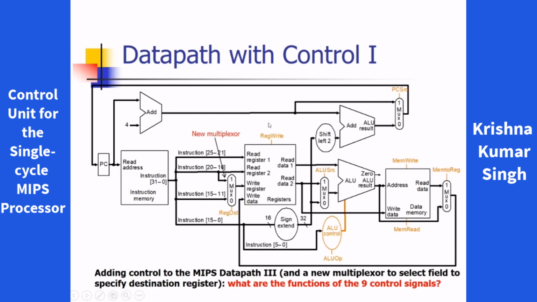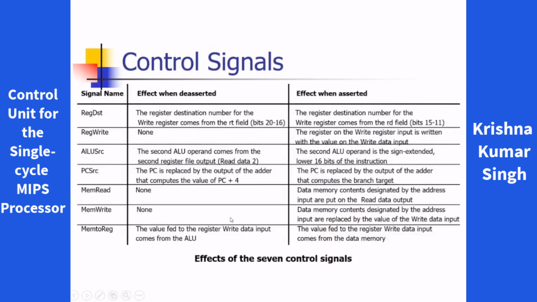Also these two operations are known as asserted and deasserted. This means make the signal 0 and this one make the signal 1. So RegDst should be 0 if you want to select the Rt field as the index of the target destination register, and it should be 1 when you want to use the Rd field as the index of the destination register.